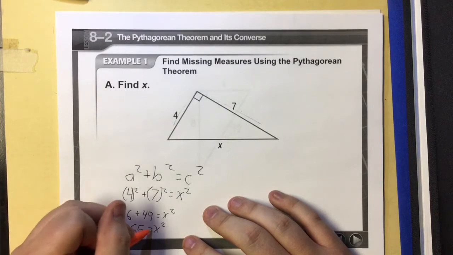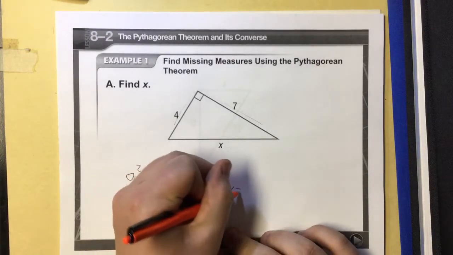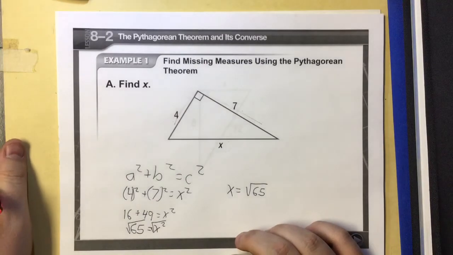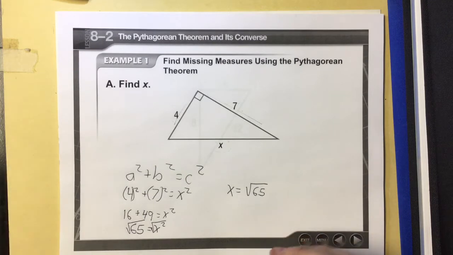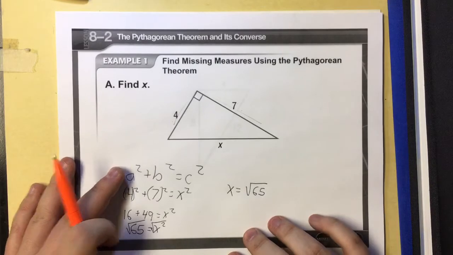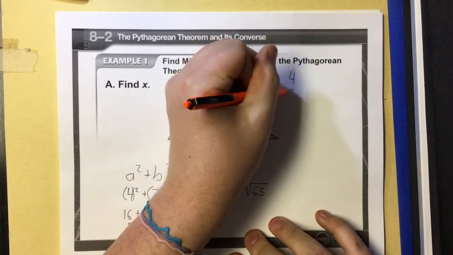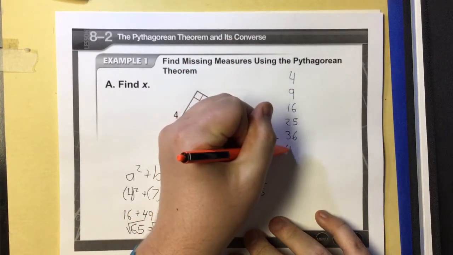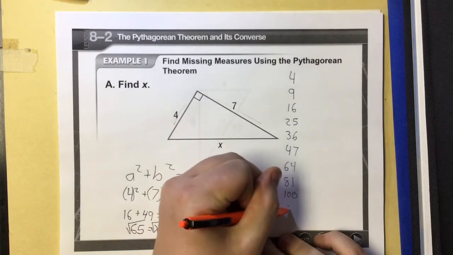Now to solve this equation, we take the square root of both sides and we have x equals the square root of 65. 65 is not a perfect square. 64 is, but 65 is not. 65 also doesn't have any perfect square factors, so that's as far as we can go if we want an exact answer. Remember our perfect squares, we have 2 squared is 4, 3, 4, 5, 6, 7, 8, 9, 10, and it keeps going on.